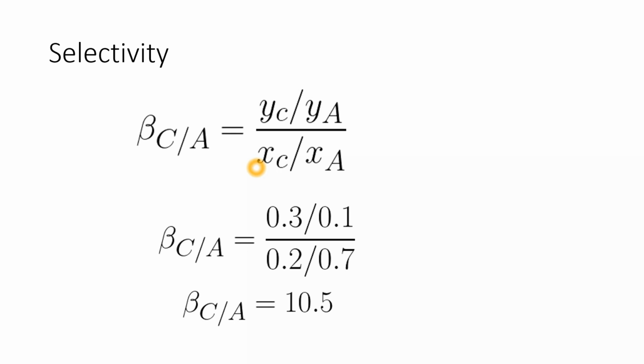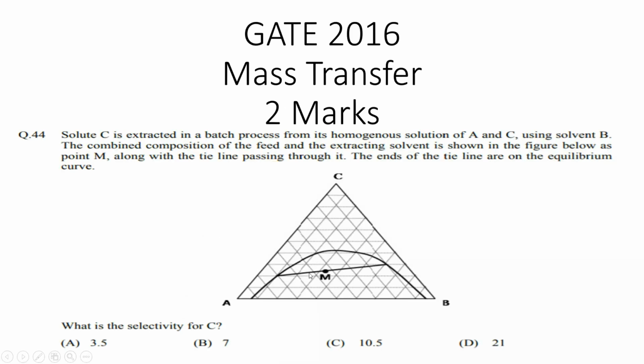From here you can see what will be the YC. This part will show the extract phase, and this will be the raffinate phase. So for the extract, YC will be the composition of the solute C that we need to calculate.